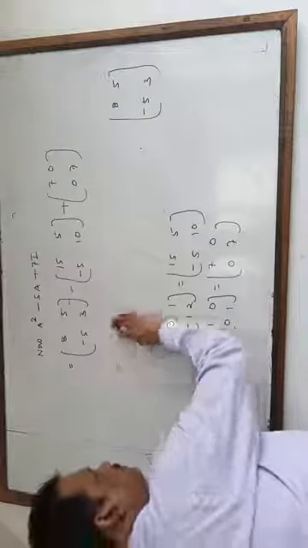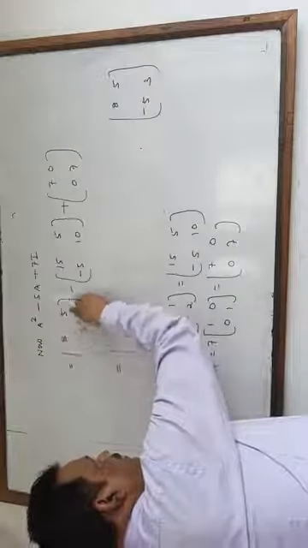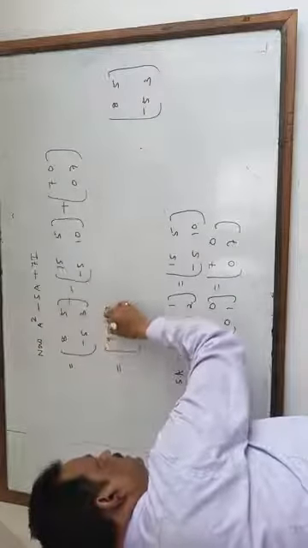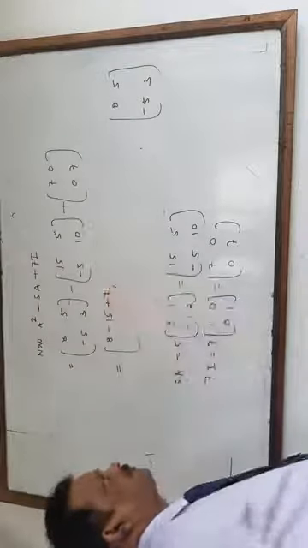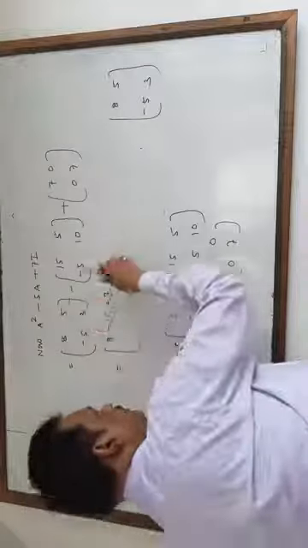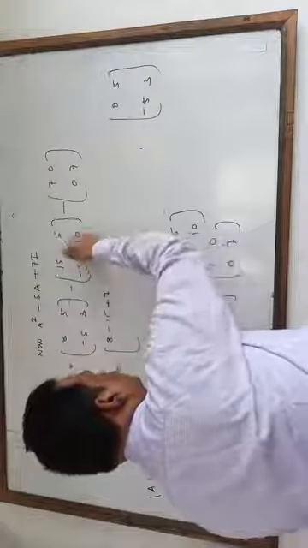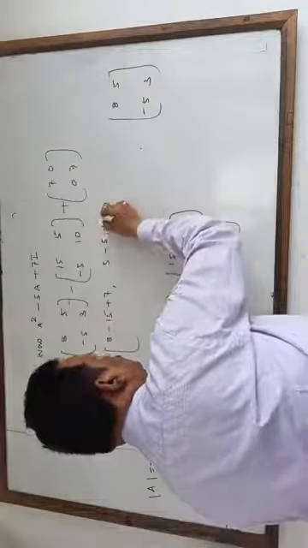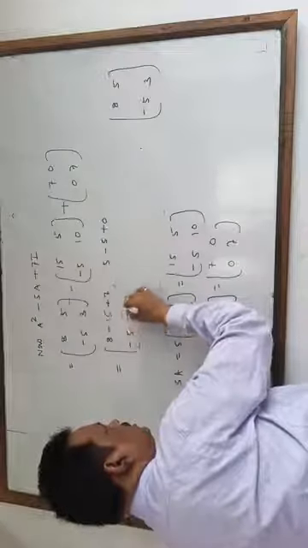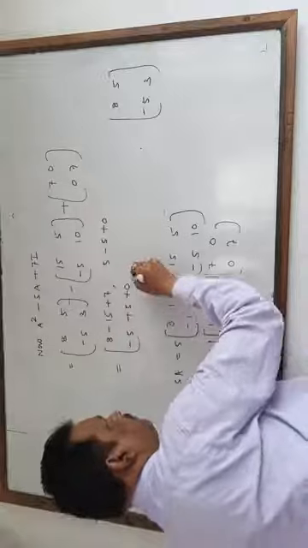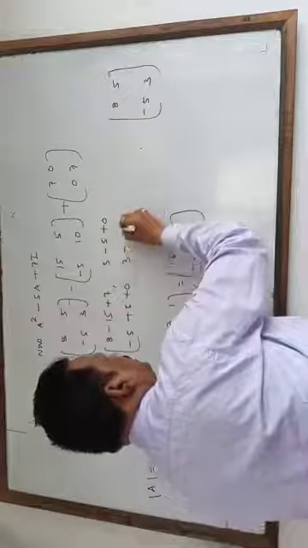That gives you 8 minus 15 plus 7, then 5 minus 5 plus 0, minus 5 plus 5 plus 0, 3 minus 10 plus 7.